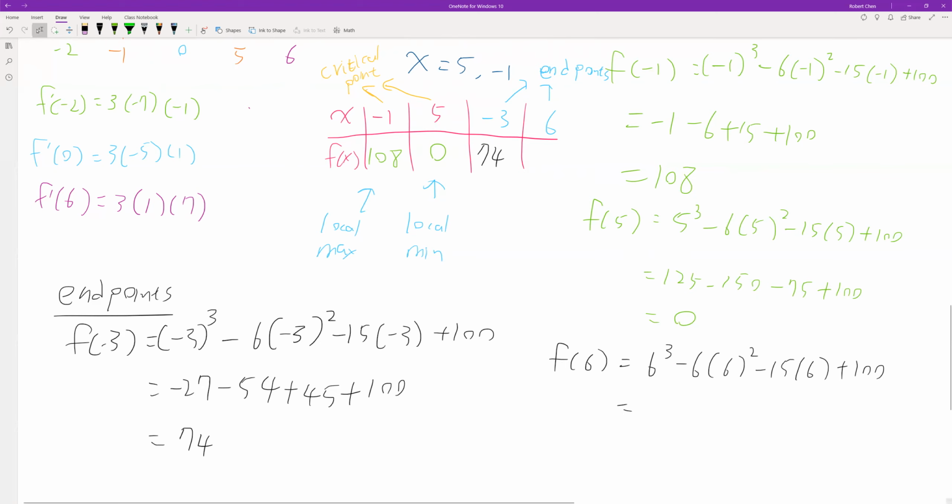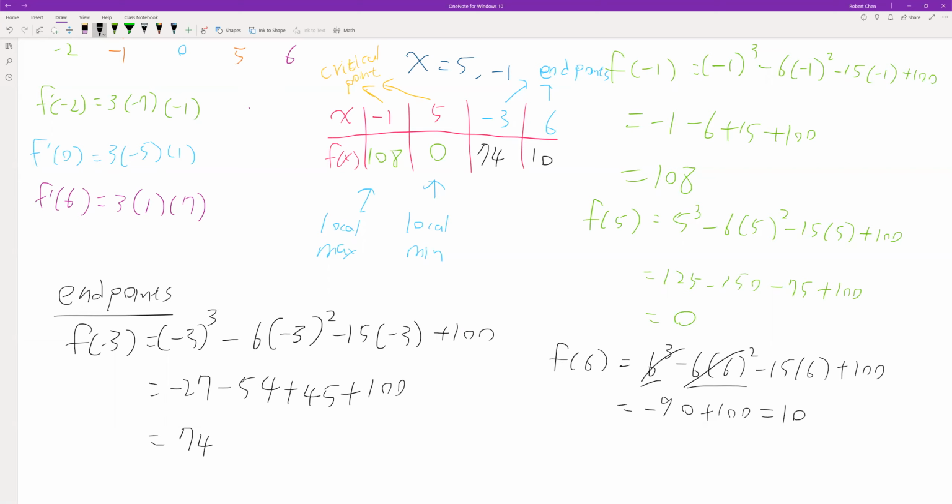These two terms are both 6 cubed, so they will cancel each other out. 6 times negative 15, that's negative 90, plus 100 is equal to 10. So for the endpoints, the y values are 74 and 10.